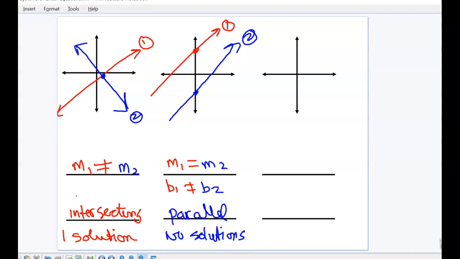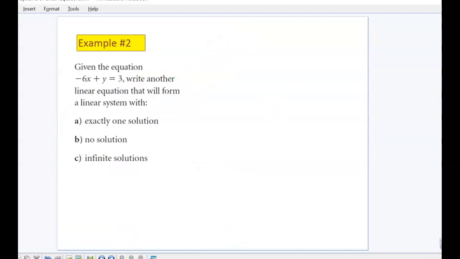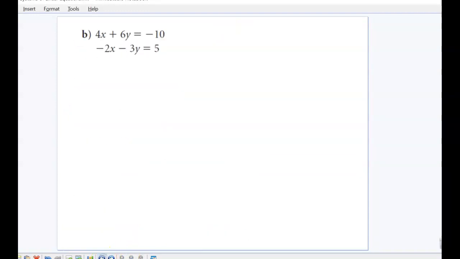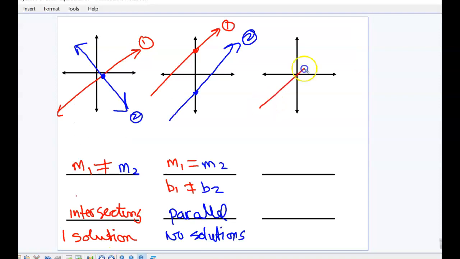Finally, the last case is I have line 1 like that, and line 2 is right on top of line 1. So in this case, I have M1 equals M2, and B1 equals B2, and these are the same lines, so we call these lines coincident.